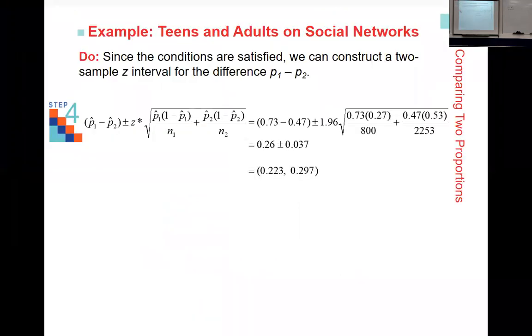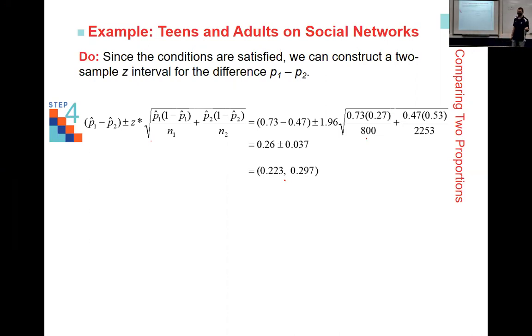And hopefully, by now you know what you need to write in step 3. You need to write down formula, plug in your numbers, answer in step 3. So there is my confidence interval.